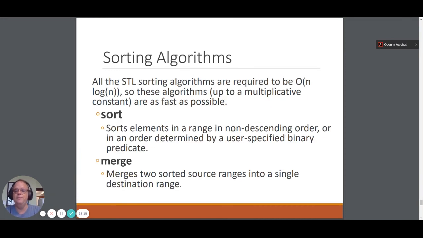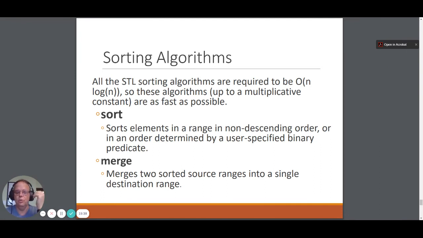Sorting algorithms. All those STL sorting algorithms are required to be O of n log n, so the algorithms are as fast as possible. In practice, they use a mix of different types of sorts. Sort sorts the elements in the range in non-descending order or in an order determined by a user-specified binary predicate.